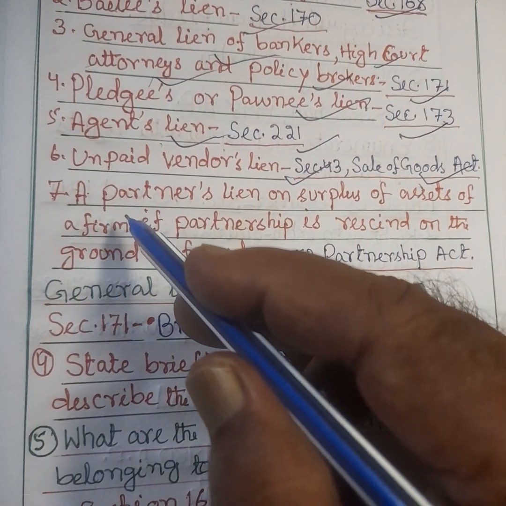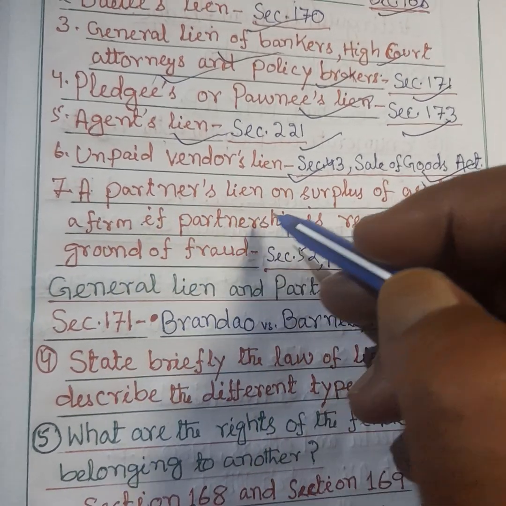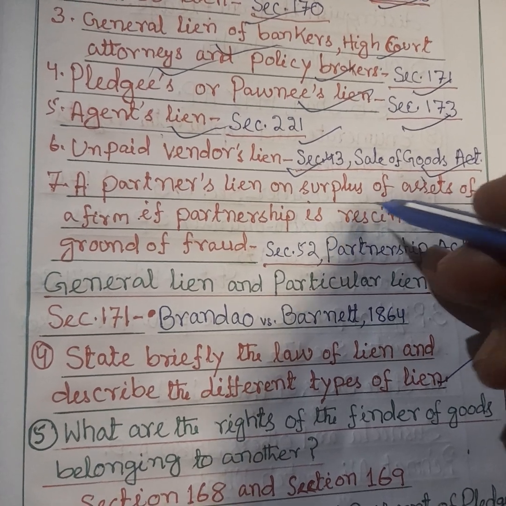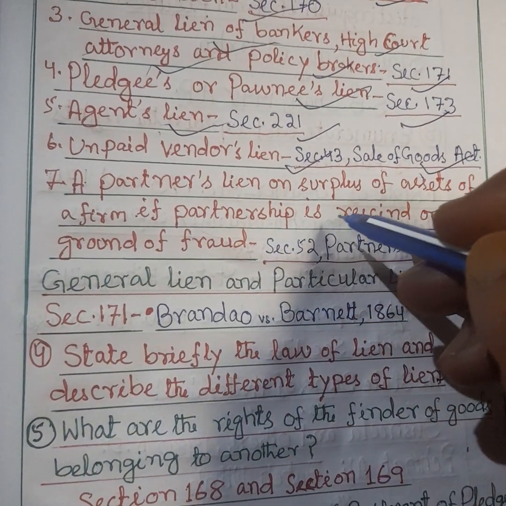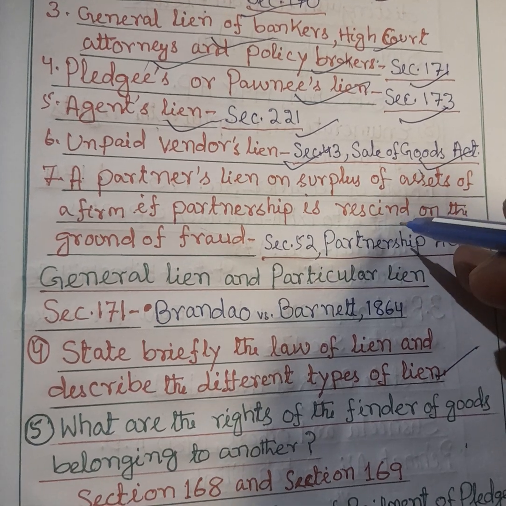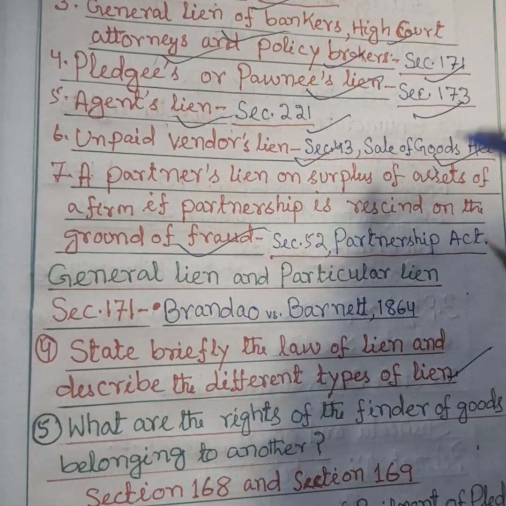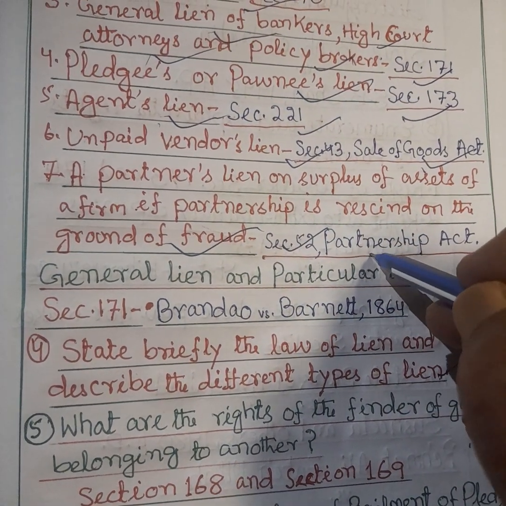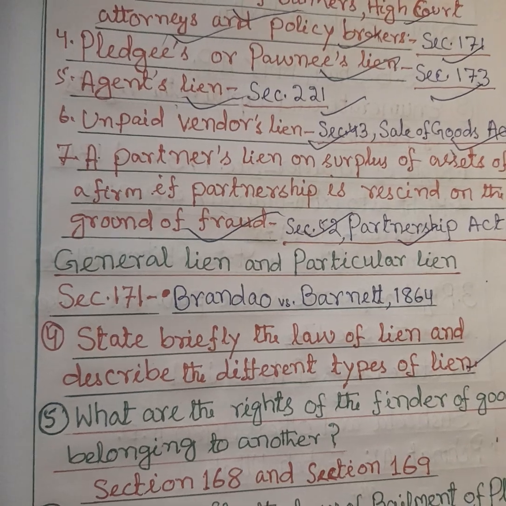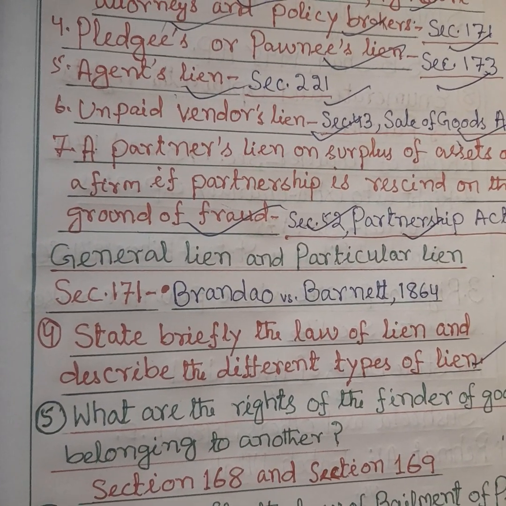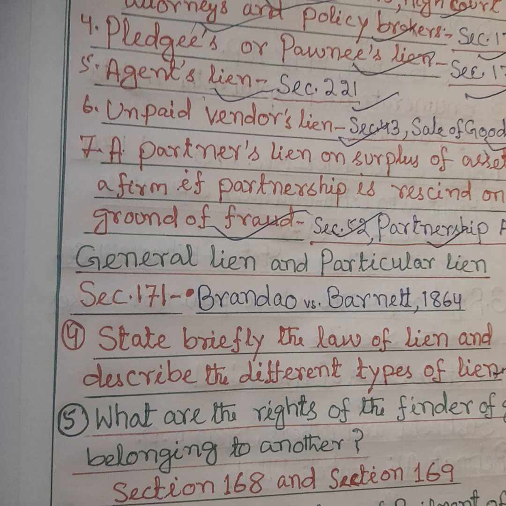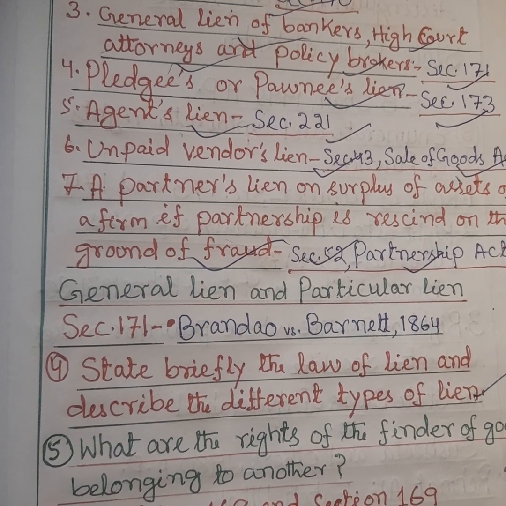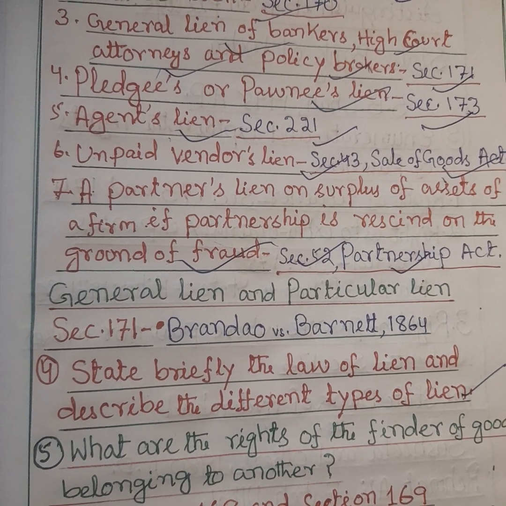And so also the seventh one, a partner's lien on the surplus of assets of a firm if the partnership is dissolved on the ground of fraud, as provided under Section 52 of the Partnership Act 1932. So these are the rights of a bailee as we found under lien.